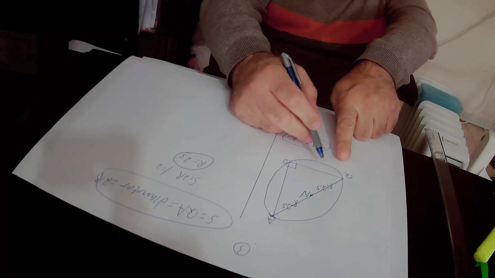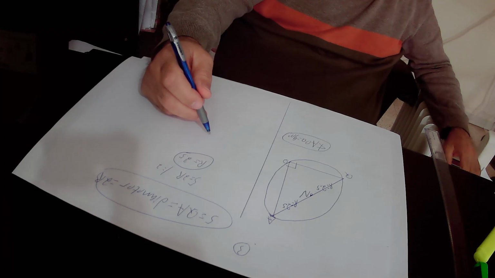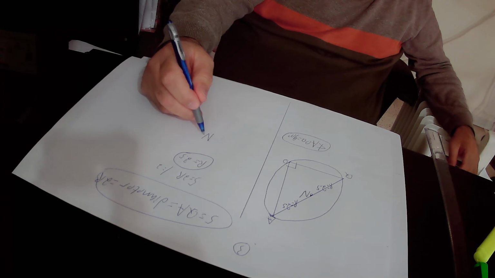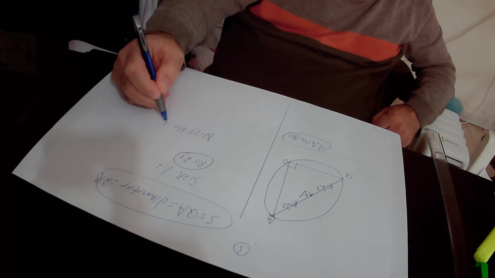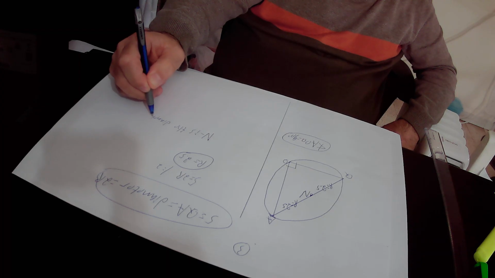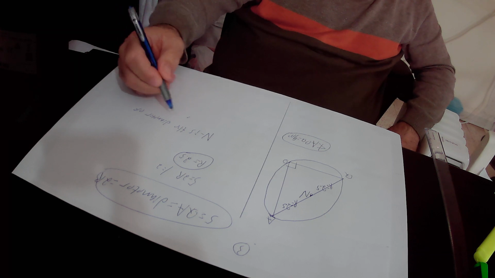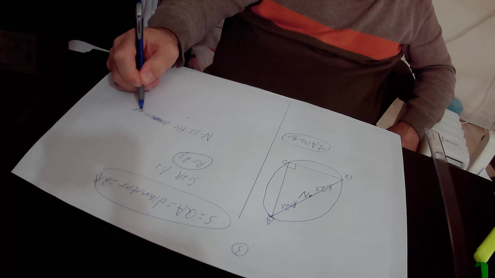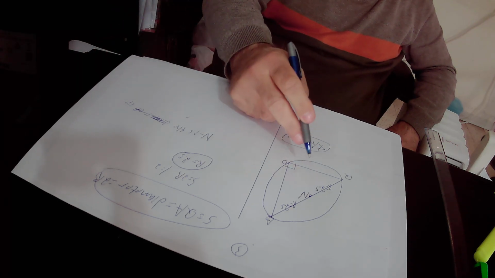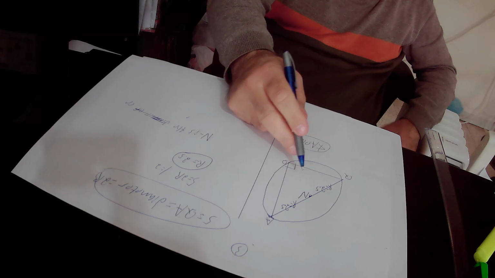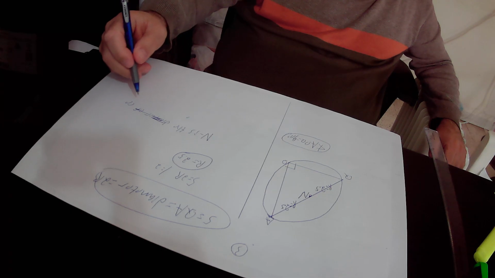And the touching point of those two radii is at point N. Anyway, you can conclude that point N is the center of the circle. Point N is the center of the circle because it is in the middle of the diameter, and it is also the touching point of the two radii. Point N is the center of the circle.